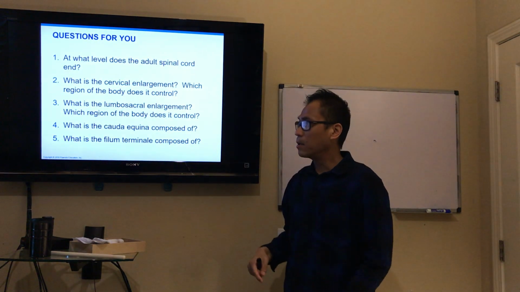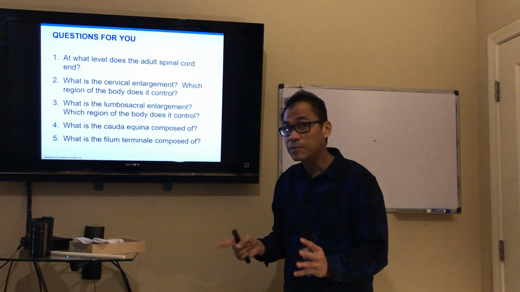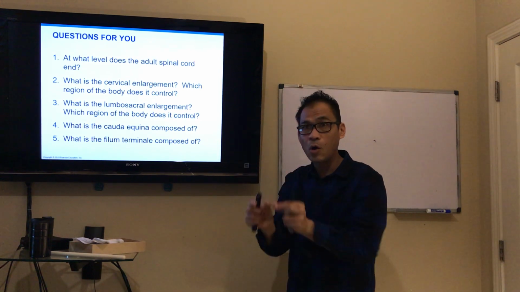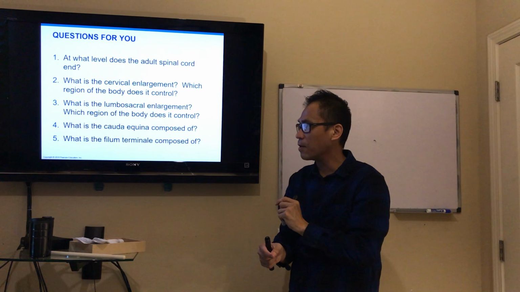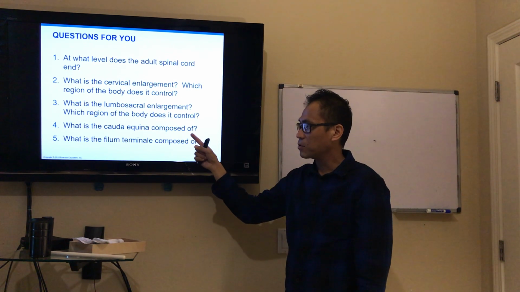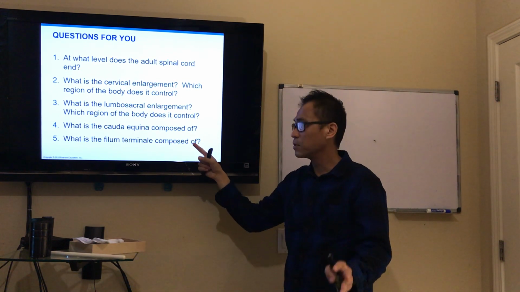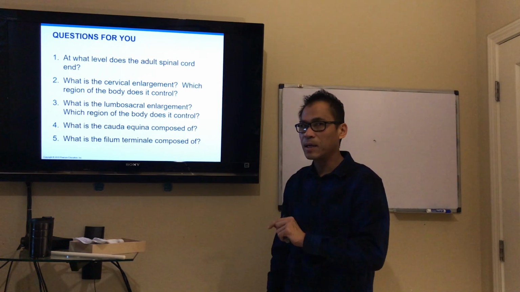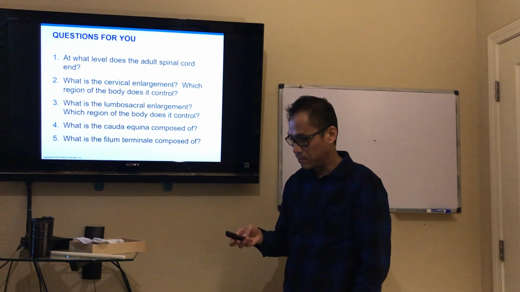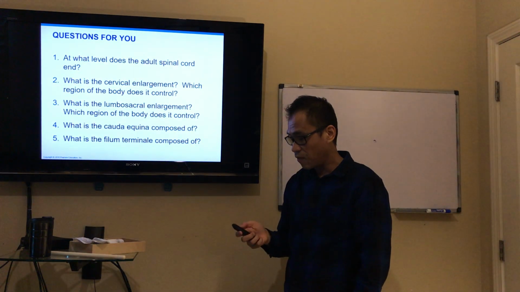The cauda equina, it's primarily spinal nerves hanging below the spinal cord. And right in the middle of it was the Filum Terminale. So the answer to number 4, spinal nerves. The Filum Terminale, I said, is an extension of Pia Mater. So that answers that. We'll move on here.